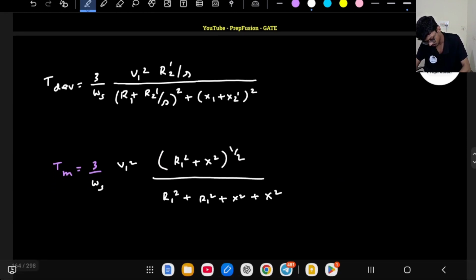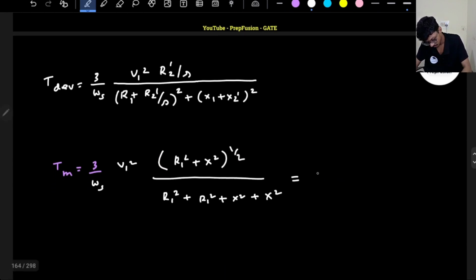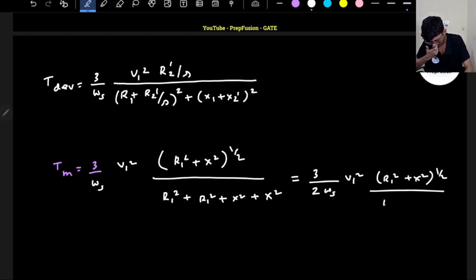This basically comes out to be 3 divided by 2 omega s v1 whole square into r1 whole square plus x whole square whole under root divided by r1 whole square plus x whole square. Okay, so this is what I get.